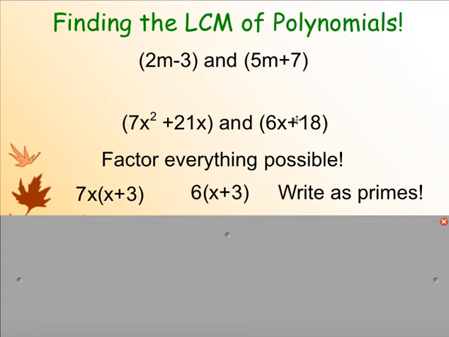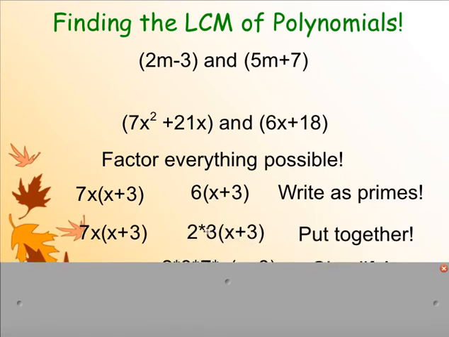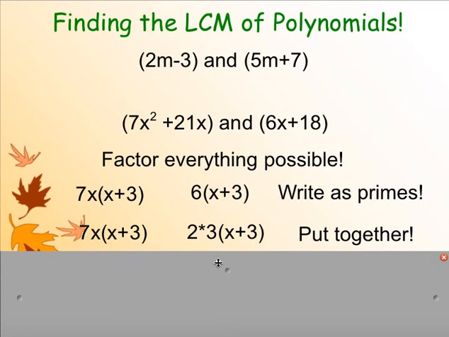We're going to factor out a 6 and get 6 times x plus 3, which means that we have 2 times 3. Now remember, all of these are factors. 7 is a factor, x is a factor, and x plus 3 is a factor. 2 is a factor, 3 is a factor, and x plus 3 is a factor. So I need to include a 7, an x, a 2, a 3, and an x plus 3.